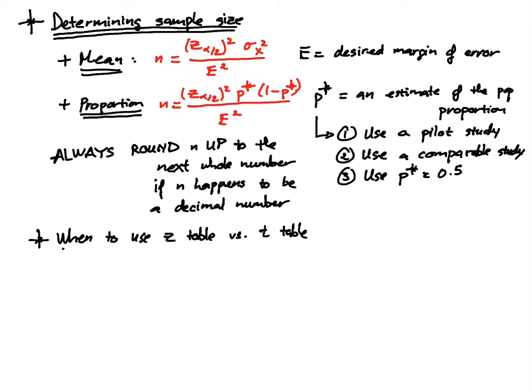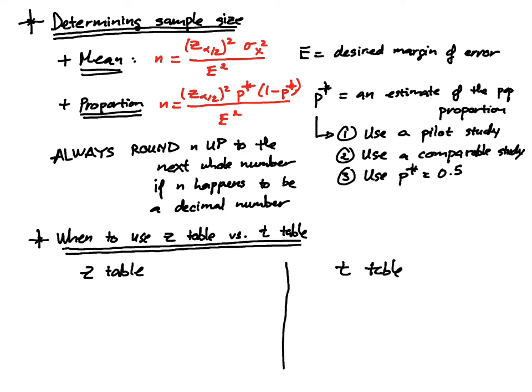Let's say we have the z table here on the left hand side, and here we have the instances where we use the t table.